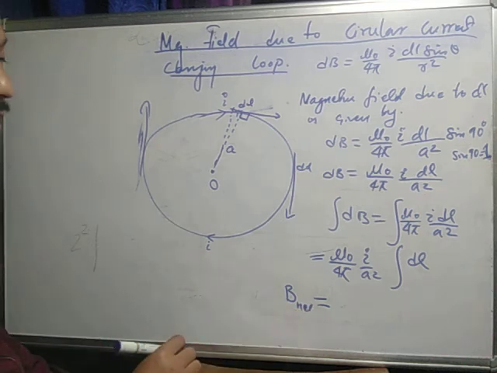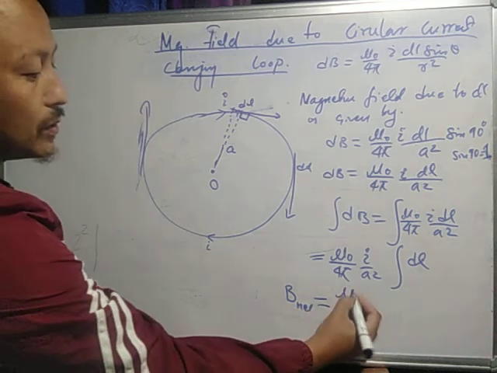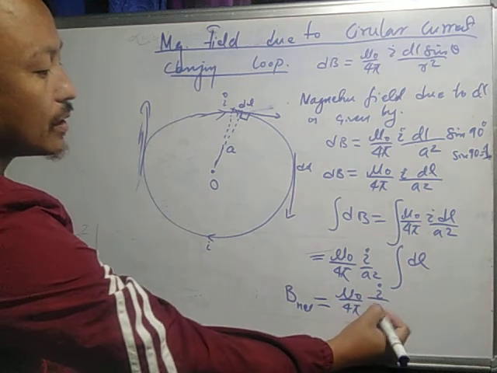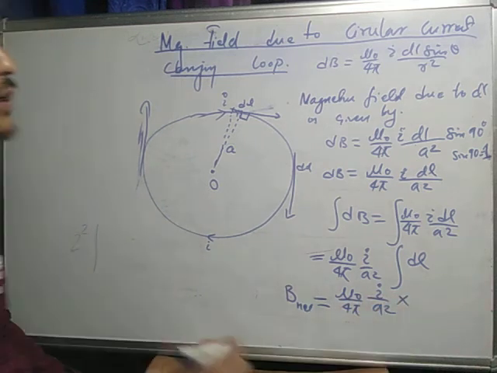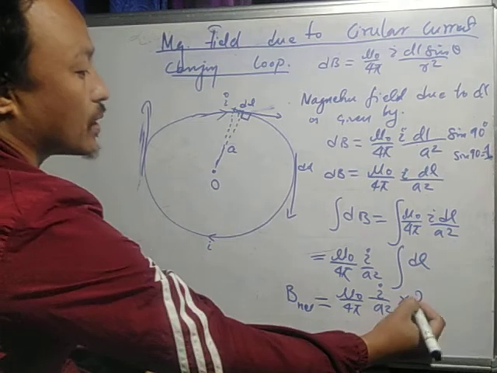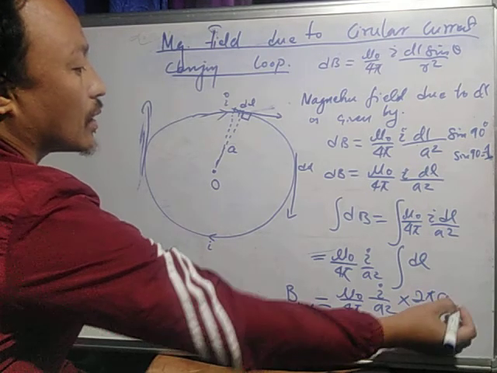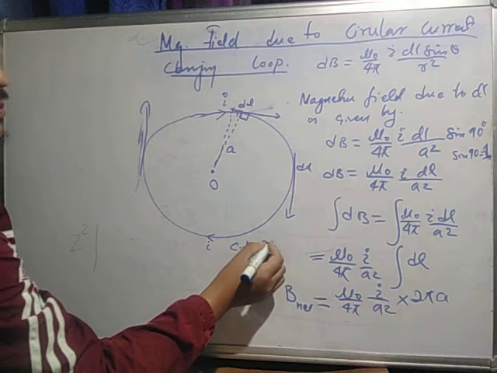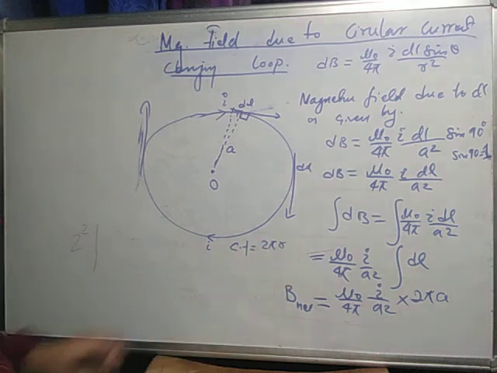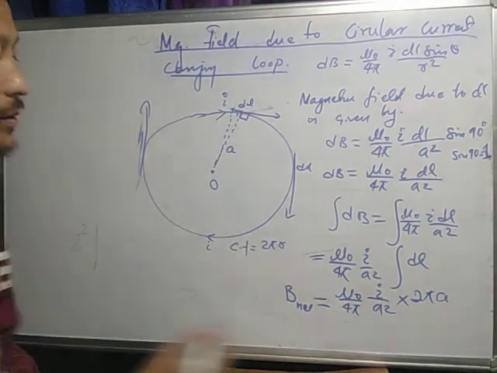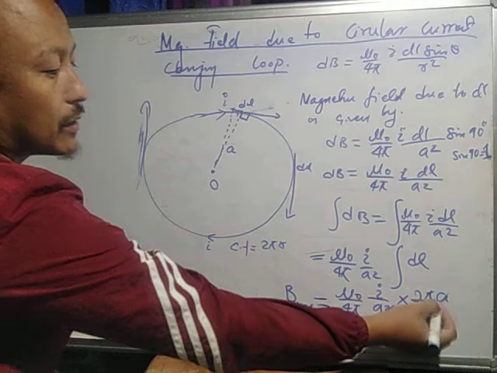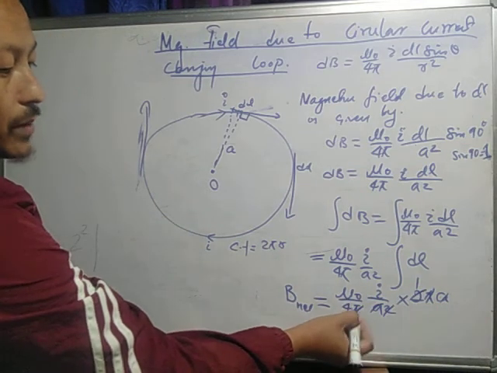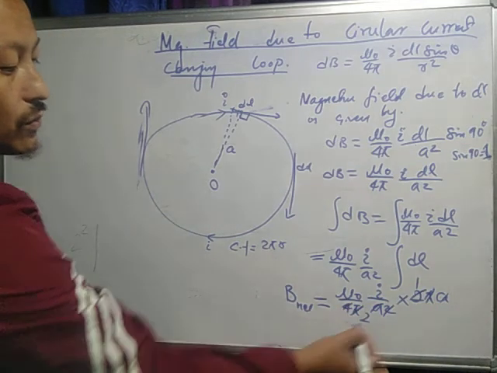Net magnetic field equals to how much? Mu naught by 4 pi I by a square into dl, which is how much, 2 pi r, isn't it? Circumference of circle equals to 2 pi r. But r is our a. So pi cancels, 2 1s are 2, 2 2s are 4.